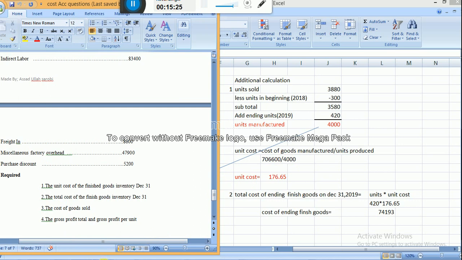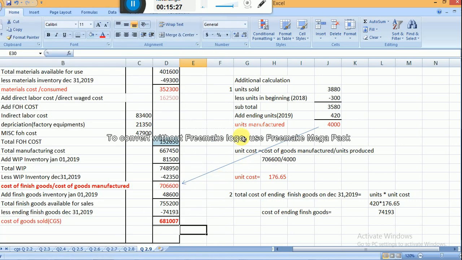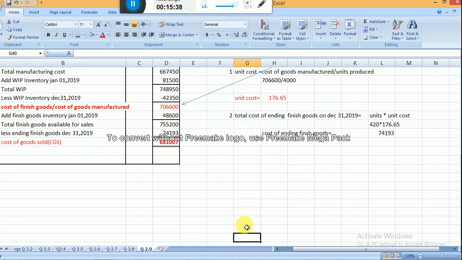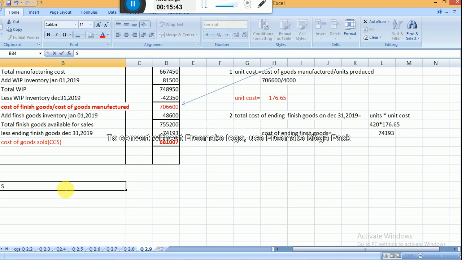For that, we are going to the additional calculation. Look at how much our sales are. This is the fourth requirement. Sales are not given in the question, but for the gross profit we need sales and cost.